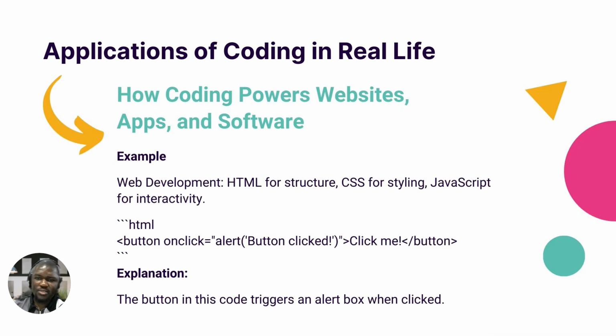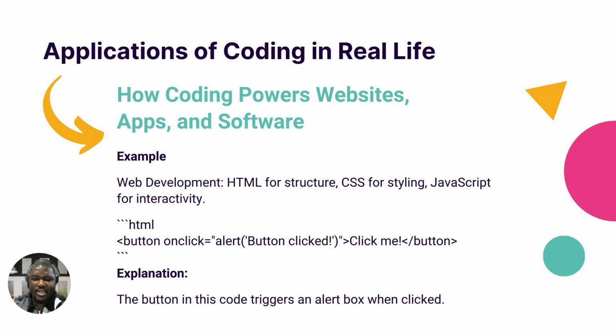Applications of coding in the real world: how coding powers websites, apps, and software. For example, web development, e.g. HTML for structure, CSS for styling, JavaScript for interactivity. If you look at this button onclick, what should happen?